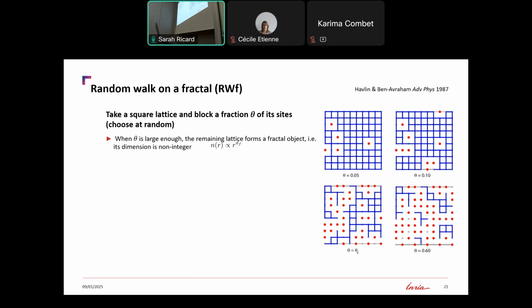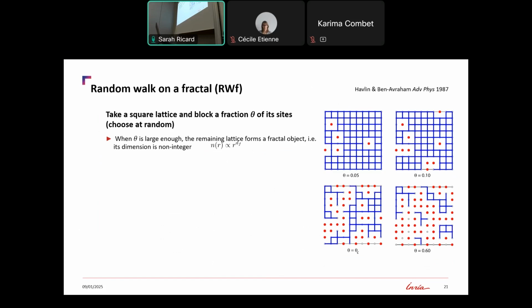So how can you measure a dimension when you're a physicist? Very simple. You take a box, a circle. Let's say that, for instance, your object is the blue lattice there. And if I have a red point, it means that I removed this element of the lattice from the object. Now, how can I compute the dimension of this object?